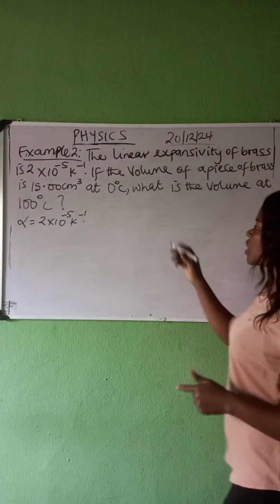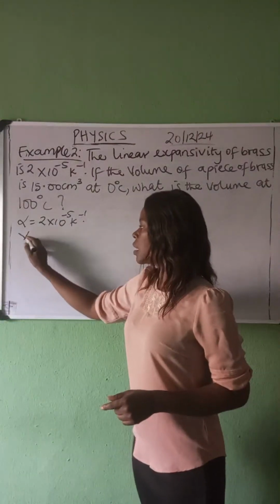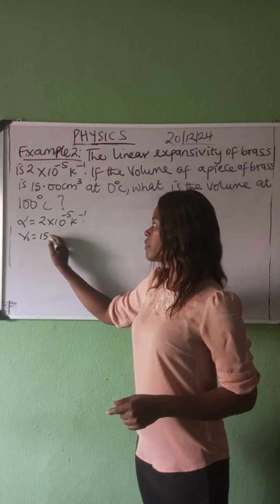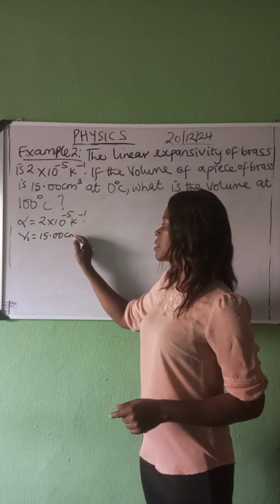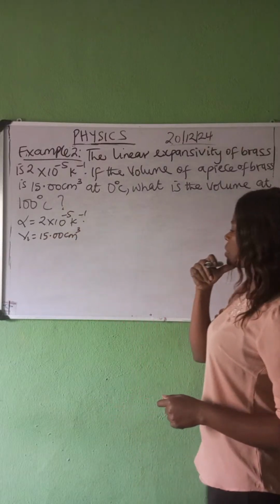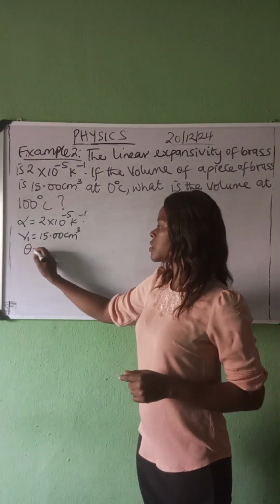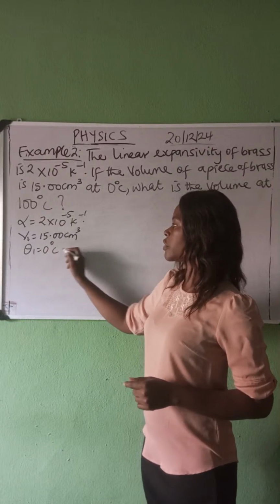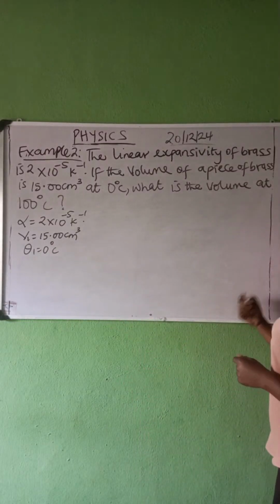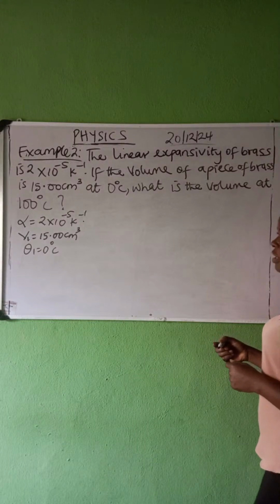Now the volume given becomes our V1. Our V1 is 15.00 centimeter cube at 0 degrees Celsius, so theta 1 is 0 degrees Celsius. What is the volume at 100 degrees Celsius?